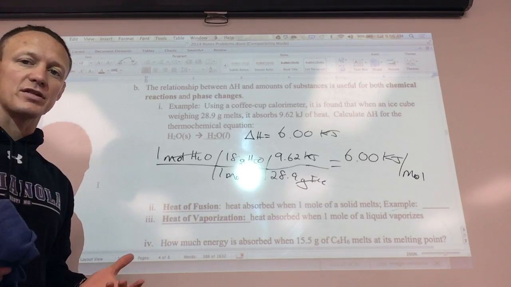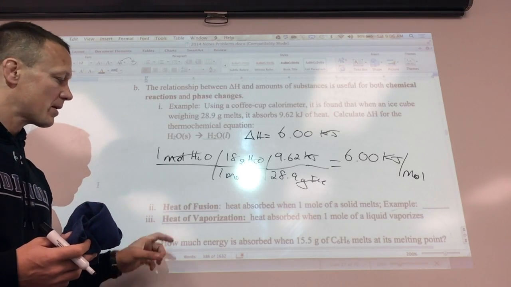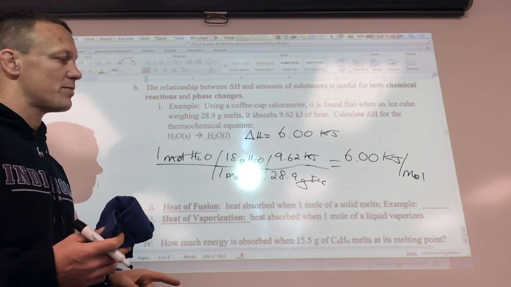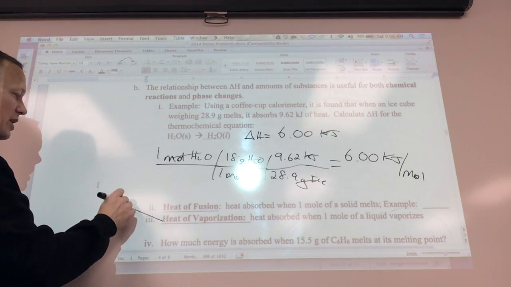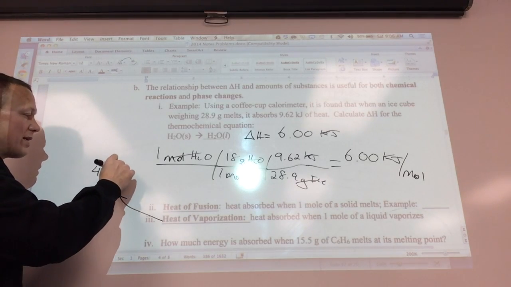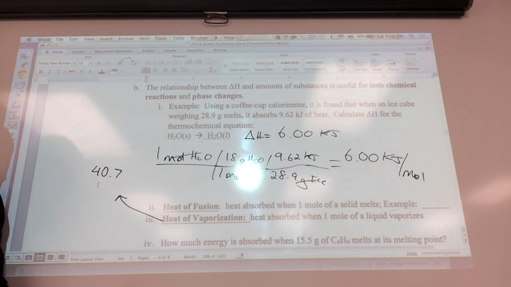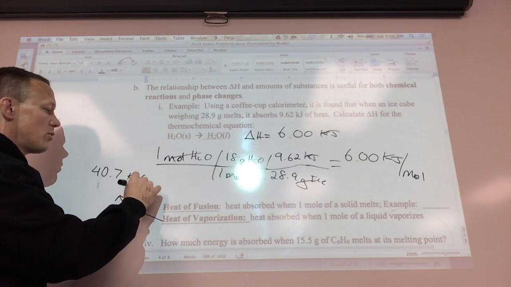That would be different for every substance. You think about making a mole of iron melt, it would take a lot more heat. The heat of vaporization is the heat required to make 1 mole of liquid evaporate. Well, the heat of vaporization for water is 40.7 kilojoules per mole.